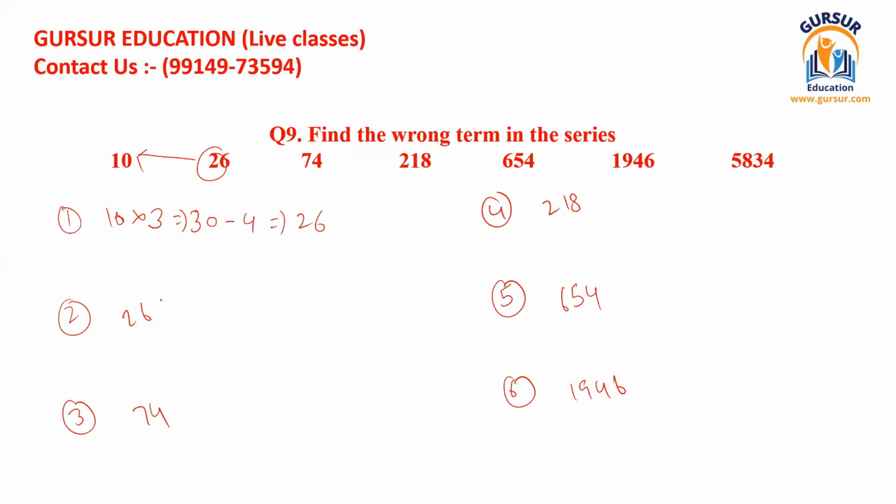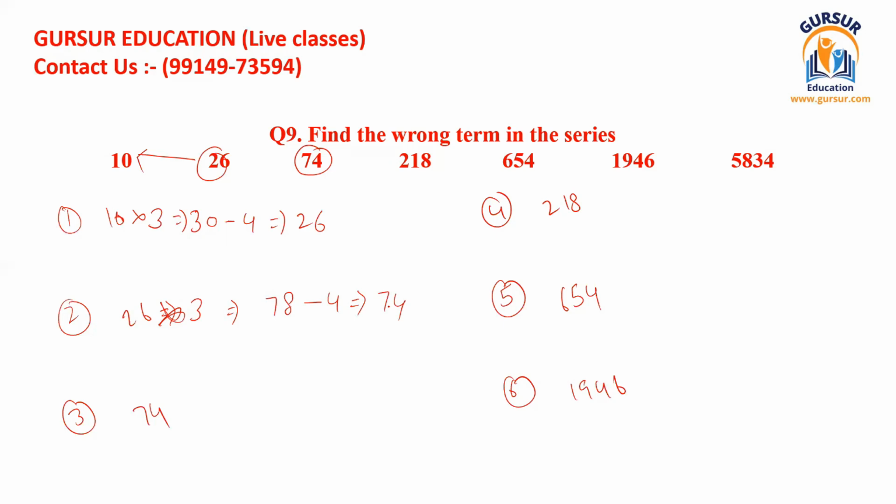Now what should be multiplied by 26 so that we get very close to 74? Again very easy. When we multiply 26 by 3, we get 78, and when we reduce 4 from 78, we get 74.